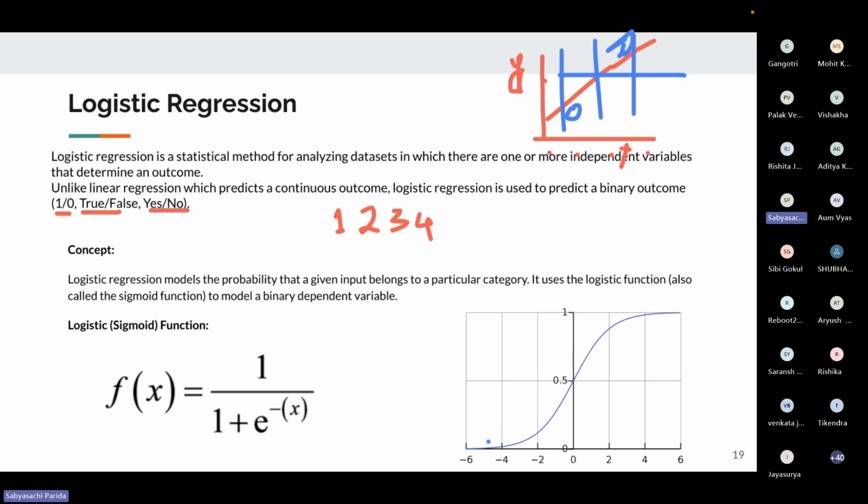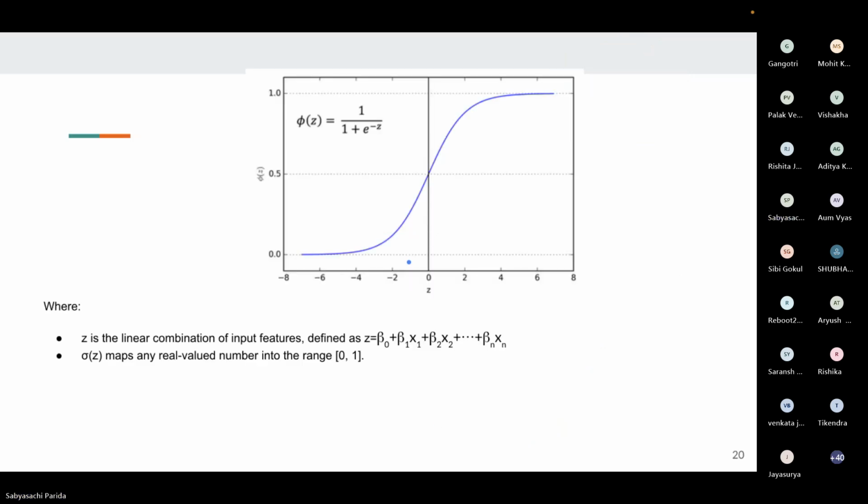So this always goes from 0 to 1, and the middle point is 0.5. If I take this as the threshold, anything more than 0.5 can be 1, and anything less than 0.5 can be 0. So this is, in other words, the sigmoid function that you see.